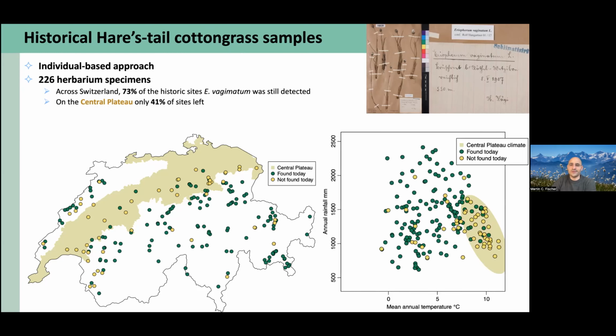And if we plot this again on the climate map, you see that we have especially lost populations or individuals which live more in warmer areas and maybe even a bit drier areas. So the big question now is, did we already lose adaptive genetic diversity that is linked to rather warmer and drier habitats? That is the climate that, given the climate change we are facing, probably will be more prevalent. So that's one of the big questions we would like to address.